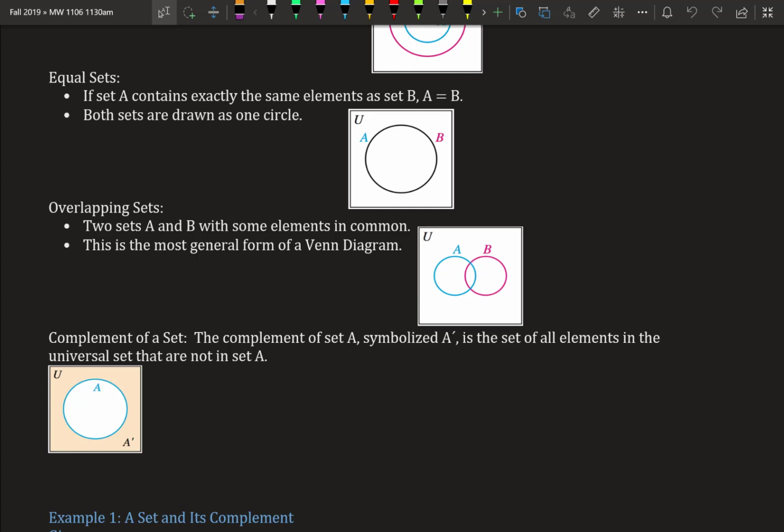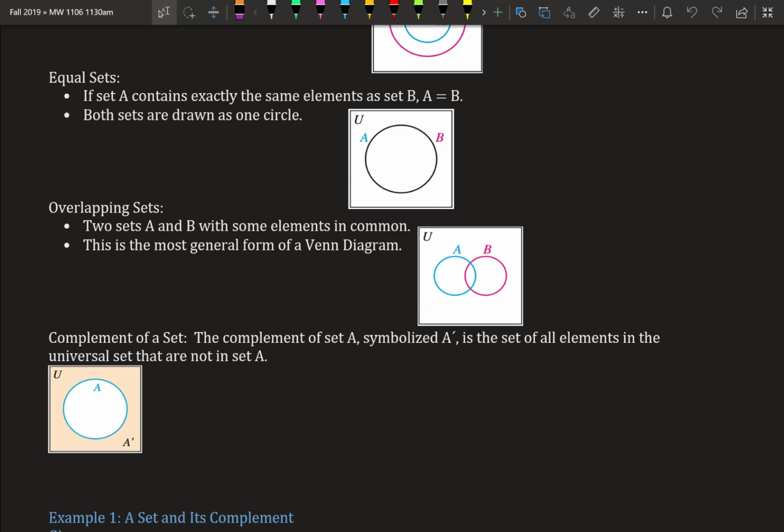So if I pose the question of overlapping sets for this classroom, let's say age groups. No, age groups is not that good.